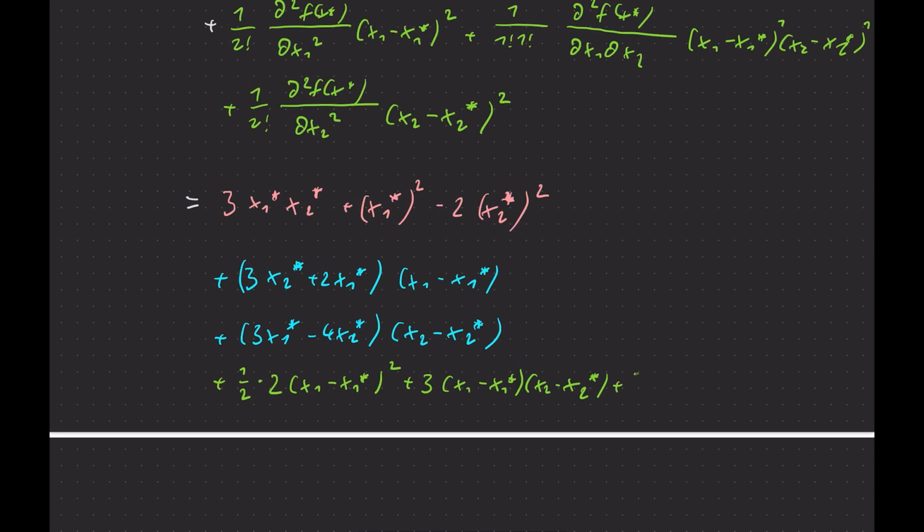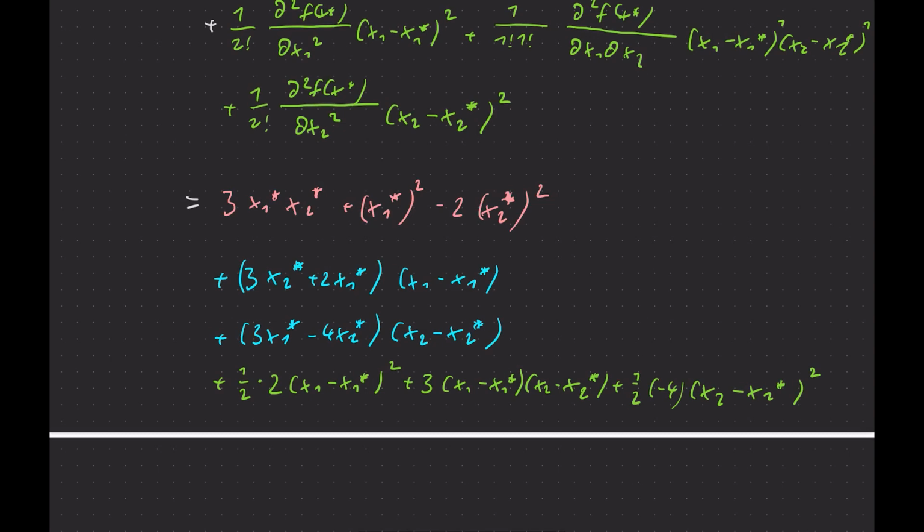And finally, we have 1 over 2 times minus 4, that derivative with respect to x2, times x2 minus x2 star squared. Okay, and you can see these Taylor polynomials tend to get quite long if you really write them down concisely.